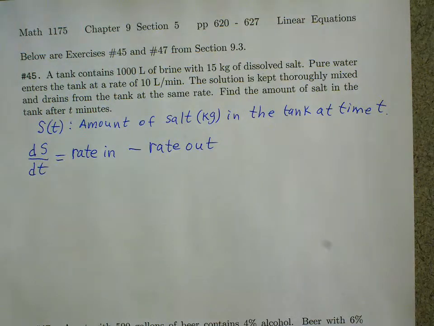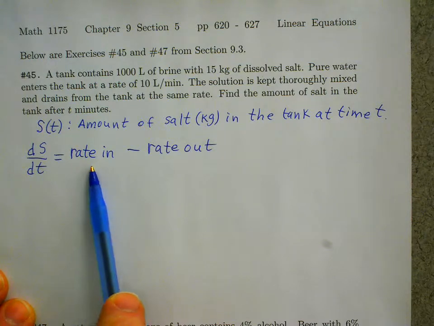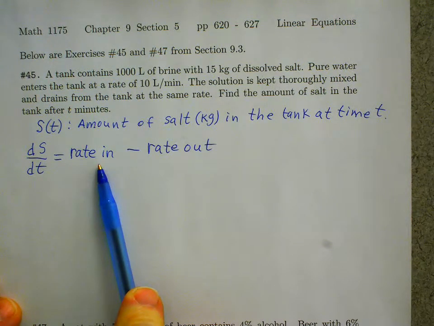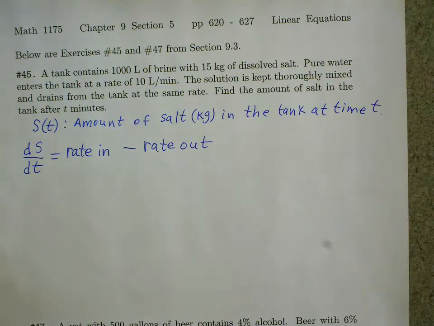Okay, so we're told that pure water enters the tank at a rate of 10 liters per minute. So that's giving us information about the amount of salt that's being pumped into the tank. So how much salt per minute is being pumped in? 0, because it's pure water, right?